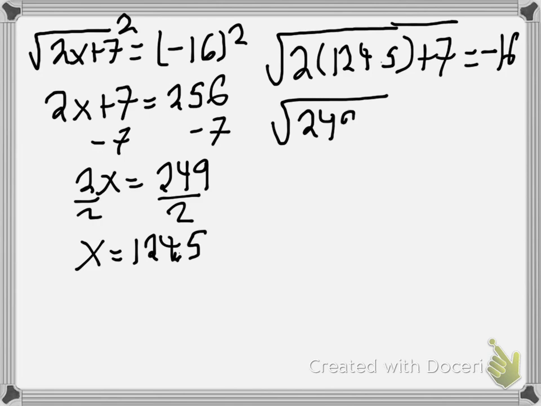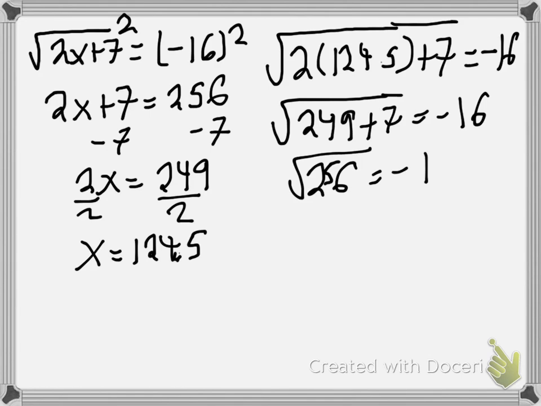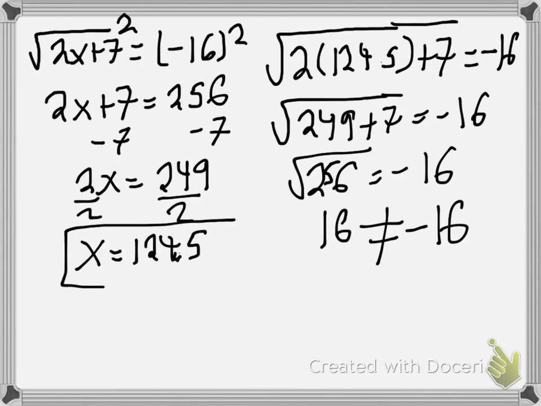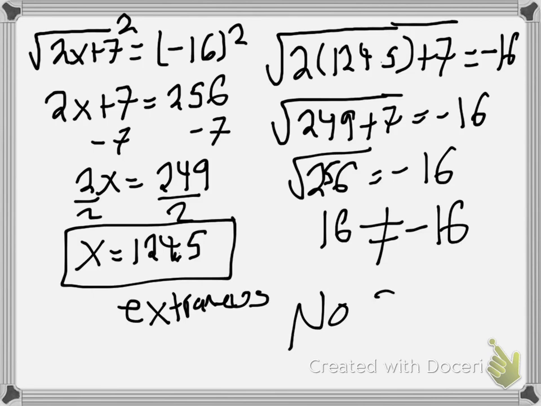We have 249 plus 7, which gives us 256. The square root equals negative 16. 16 does not equal negative 16. So this solution is extraneous. There is no solution to this problem. Yeah, that happens every once in a while. You gotta do what you gotta do, right?